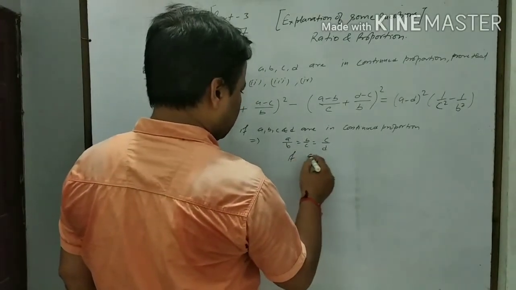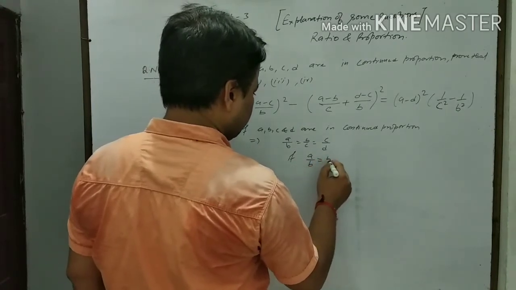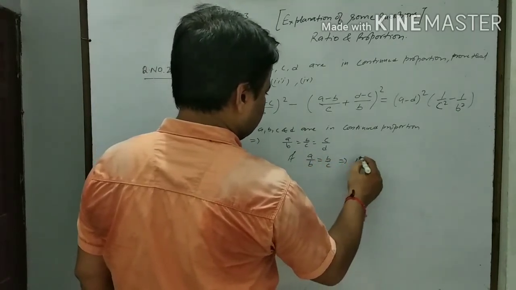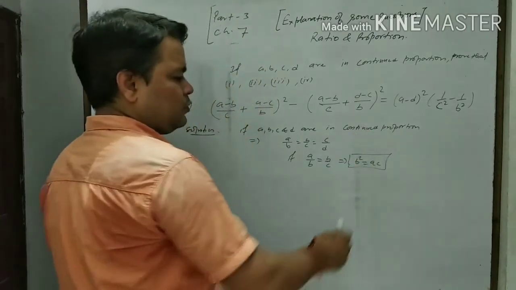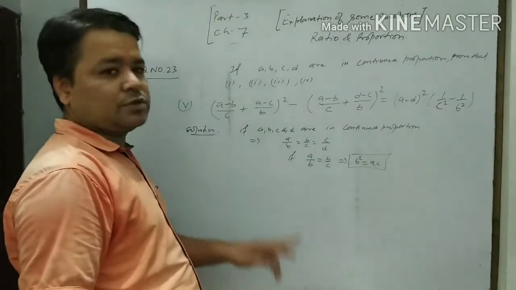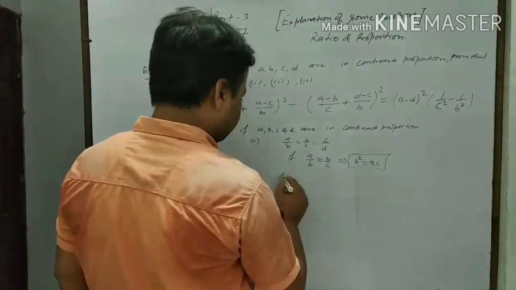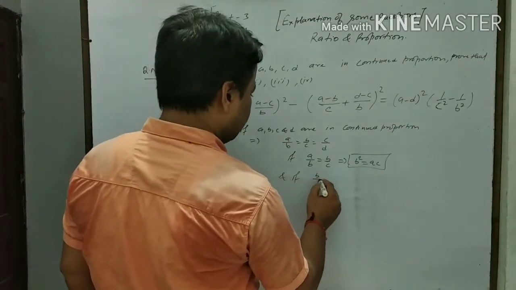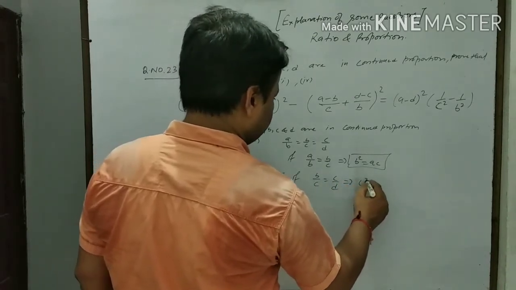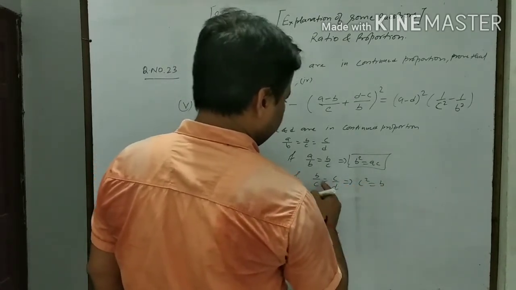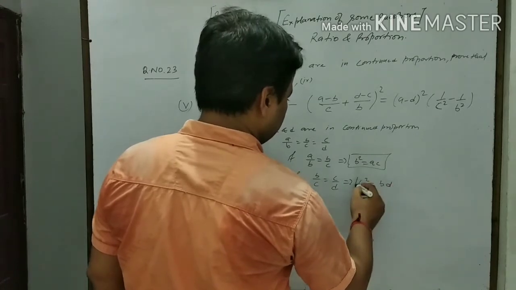If a by b is equal to b by c, then this implies that b square is equal to ac. We have to remember it for this question. And if b by c is equal to c by d, then this implies that c square is equal to bd.